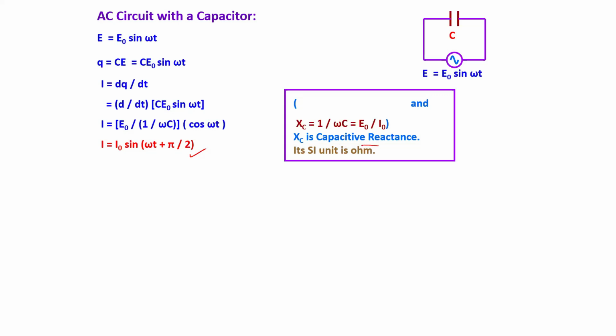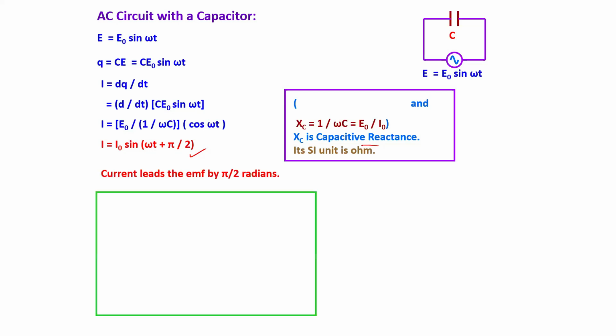So here we will use the formula to calculate the capacitive reactance: XC is equal to 1 divided by omega C. Here, omega is representing the angular frequency and C is representing the value of capacitance. So here again I'm going to show you the value of the EMF.